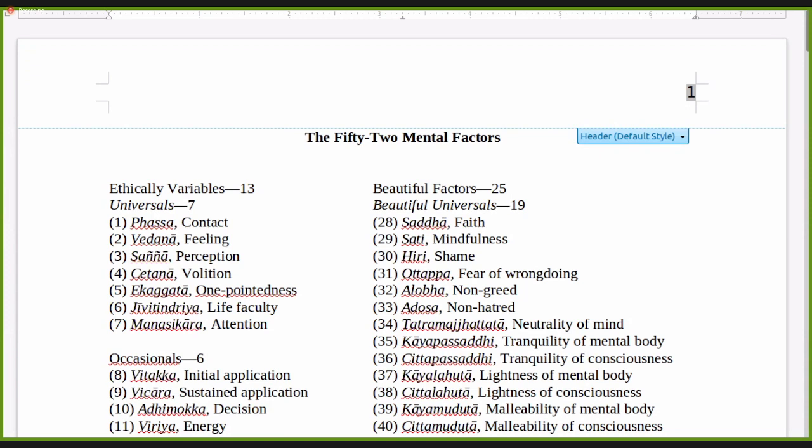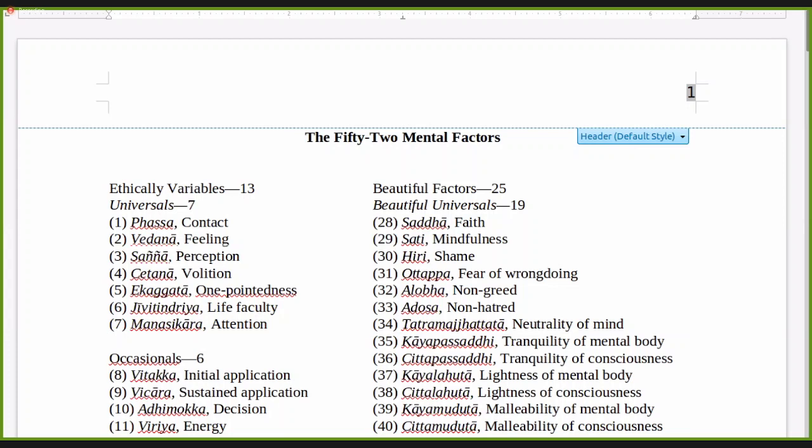Vitaka puts your mind on the object, and Vichara keeps your mind on the object, engaging with the object in the sense of examining it. That is why sometimes Vichara is close to Panna, wisdom.